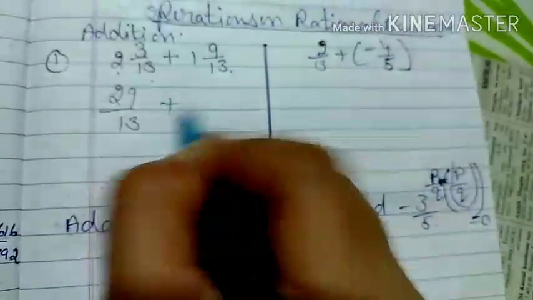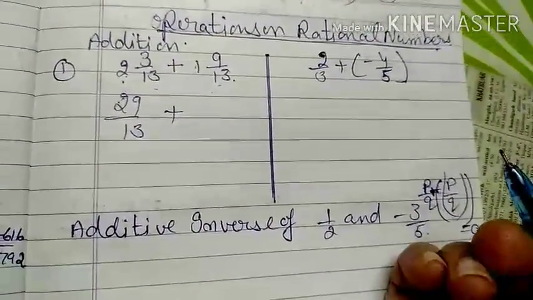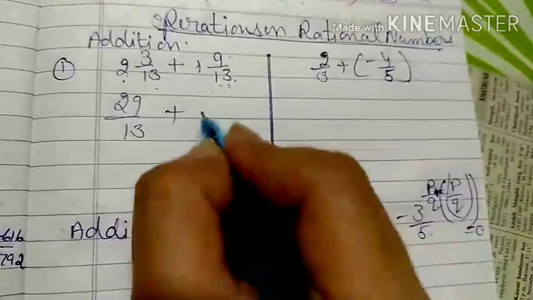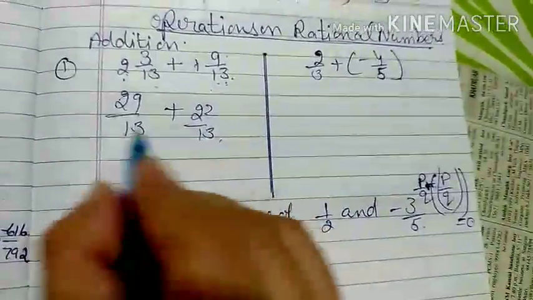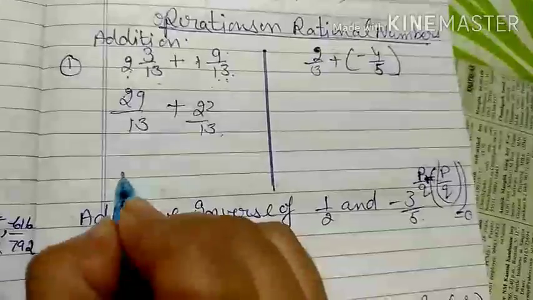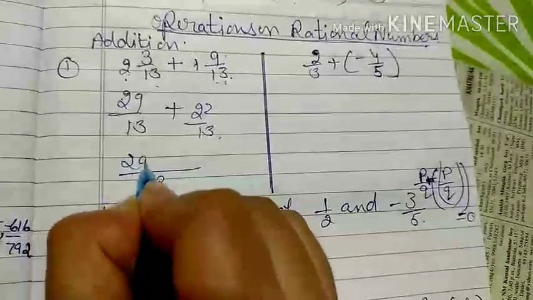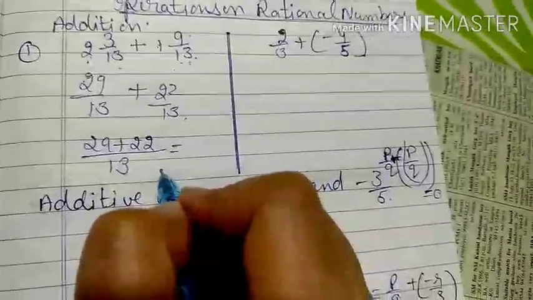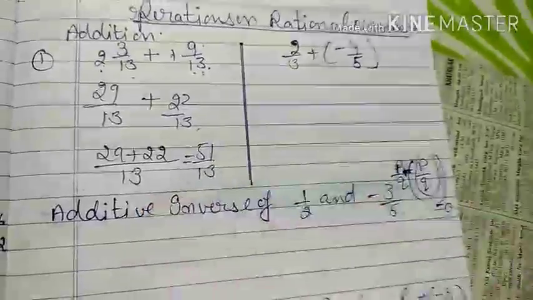And when I multiply 13 into 1 plus 9 to change this into a fraction, 13 into 1 is 13, plus 9 gives me 22 by 13. If my denominator is the same in both fractions, I am going to add the fractions. So you just write the denominator once and add the numerators. 29 plus 22 gives me 51 by 13.